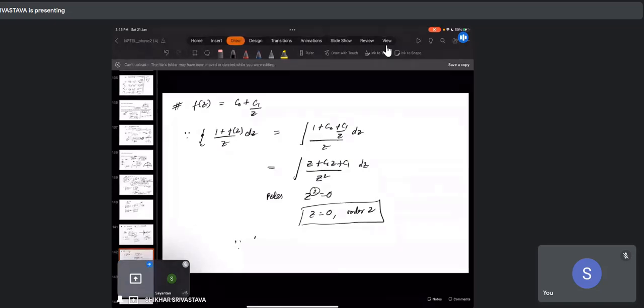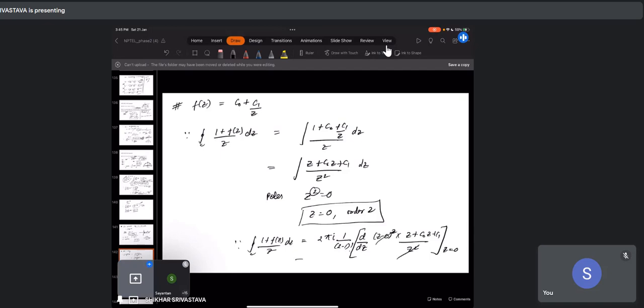So you're using the Cauchy residue theorem. This integral of (1 plus f(z)) by z dz will be 2 pi i times 1 upon (2 minus 1) factorial, d of dz of this function, which is (z minus 0) whole square into (z plus c naught z plus c1) upon z square at z equal to 0.